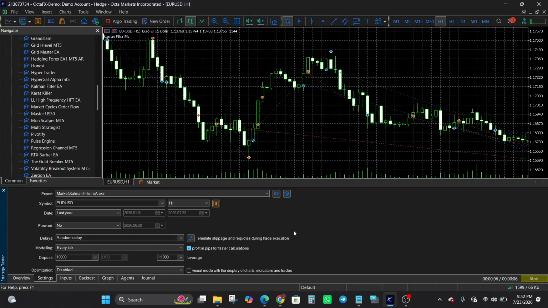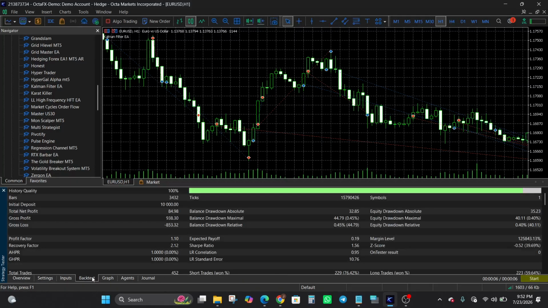Looking at the test conditions, this historical run evaluated 3,432 H1 bars with 100% history quality on an initial deposit of $10,000. Over this 6.5-month period, or about 6 months, 3 weeks, the EA generated a total net profit of 84.98 with a profit factor of 1.10 and a Sharpe ratio of 1.56.